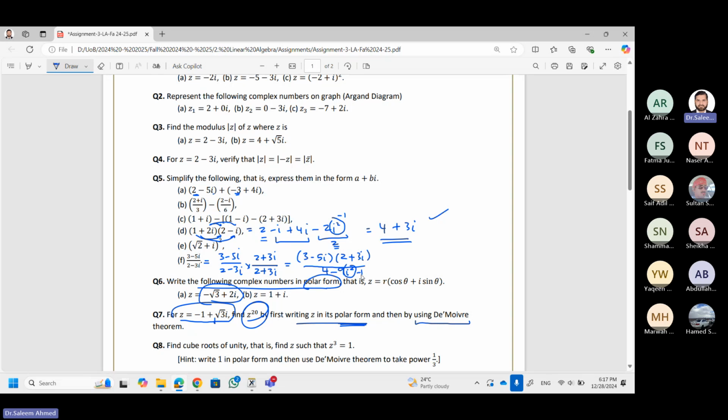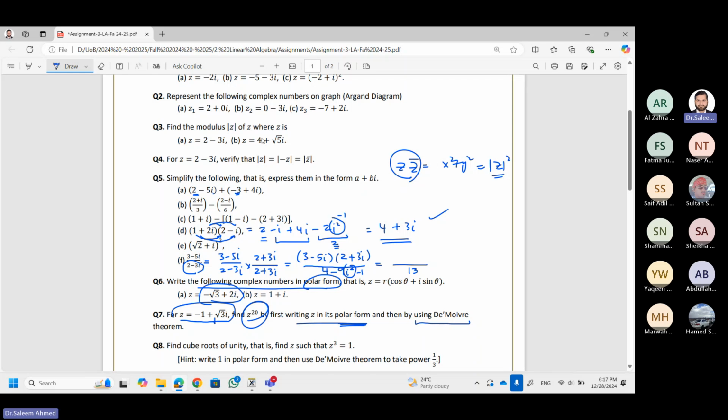Iota square is minus 1, so it becomes 4 plus 9, 13 in the denominator. So there is no more iota in the denominator. That's why we multiply and divide by the conjugate of the denominator. When you multiply any z with its conjugate, it becomes x square plus y square, which is the mod of z square. So no iota is there. This is the benefit of multiplying z by its conjugate.